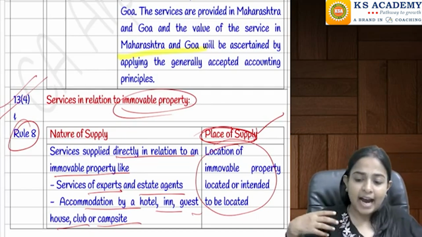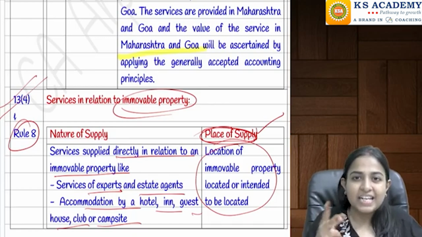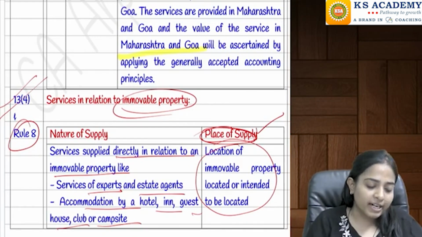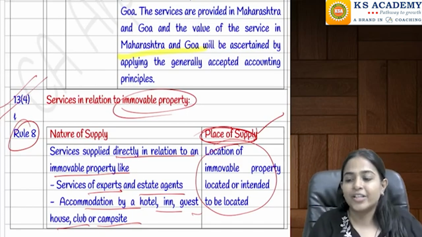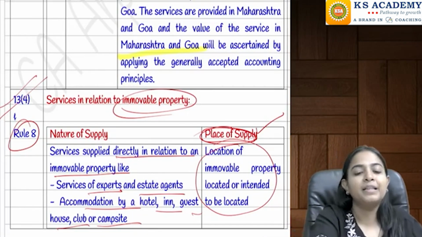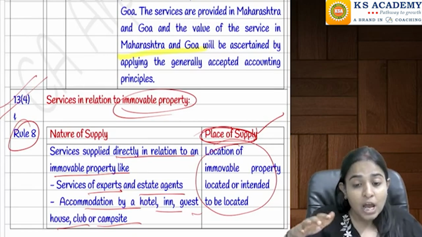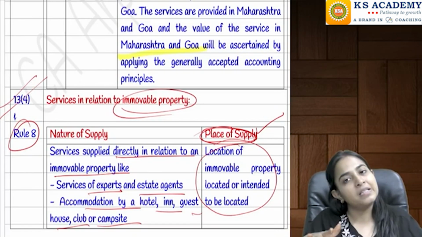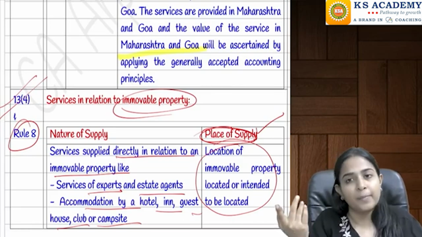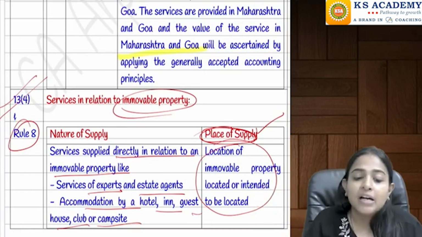In case either the supplier or recipient, any one of them, is located outside India, and if there is any supply of service in relation to immovable property, then the place of supply will be the location of the immovable property. If the location of the immovable property is here in India, then India will be the place of supply. If the location of the immovable property is outside India, then that will be the place of supply.